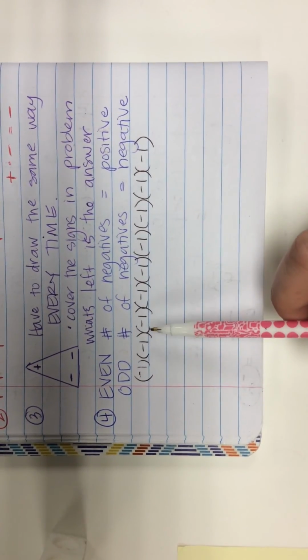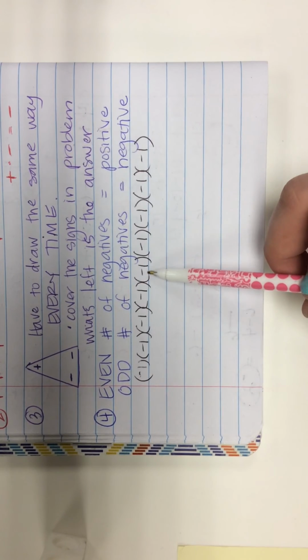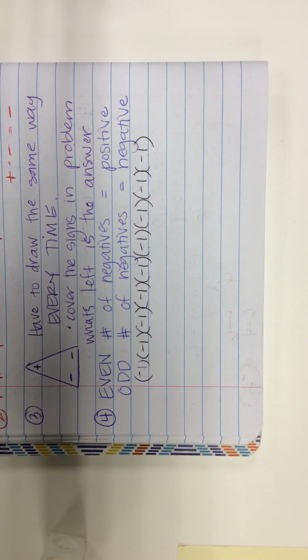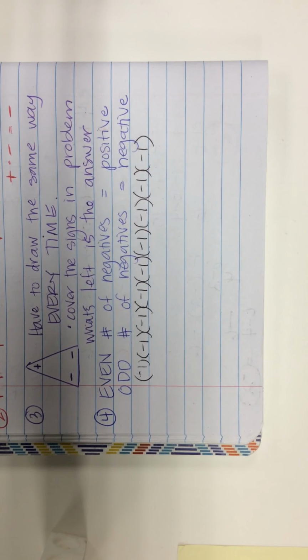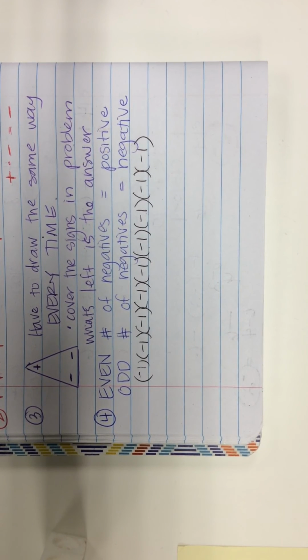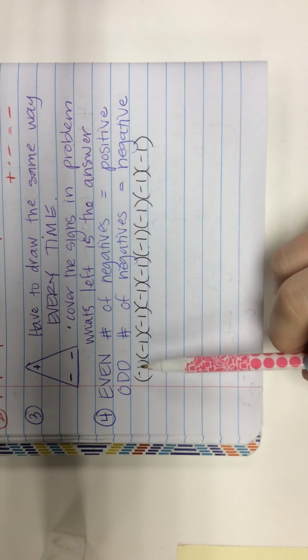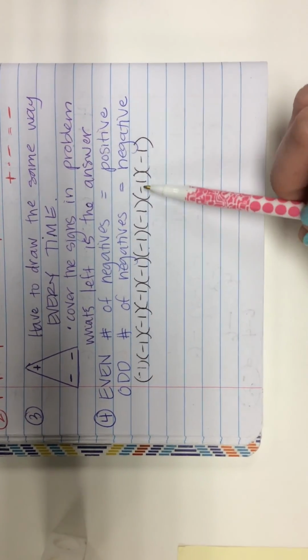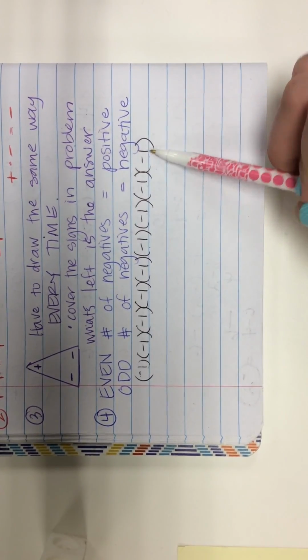Negative 1 times negative 1 times negative 1 times negative 1 times negative 1 times negative 1 times negative 1 times negative 1 times negative 1. It's a negative. Right? I mean, that's a big problem. I can forget the signs. 1 times 1 times 1 times 1 times 1 times 1 times 1 times 1 times 1 is 1.